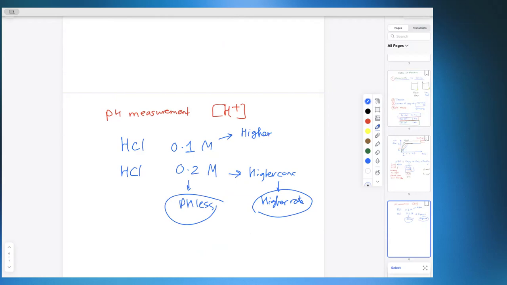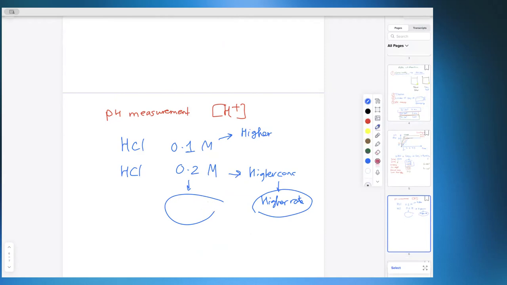Higher concentration means lower pH, and lower concentration means higher pH. So the rate of the reaction will change. That's why I can use the pH measurement to find out if the rate of the reaction is fast or slow.